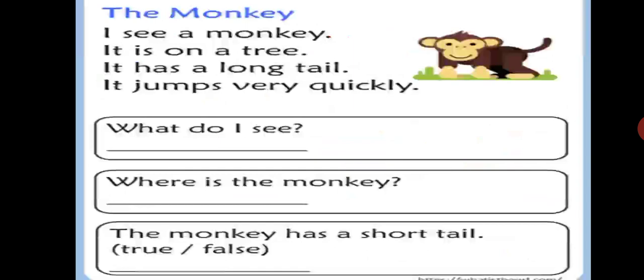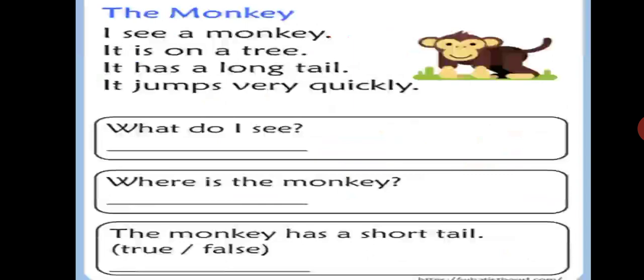The monkey. I see a monkey. It is on a tree. It has a long tail. It jumps very quickly. Look at these lines properly and answer the questions. You can easily answer the questions.